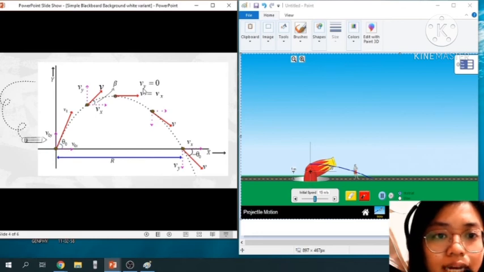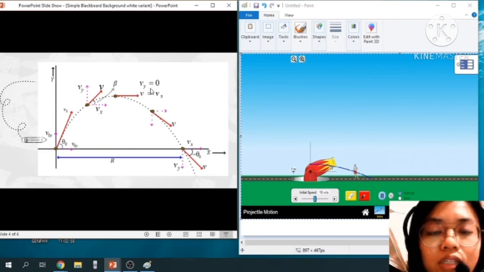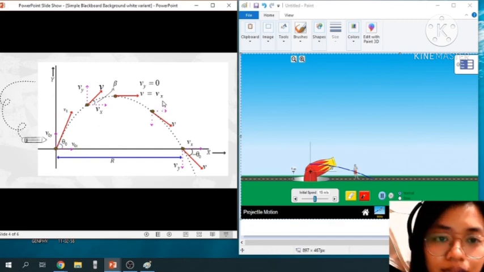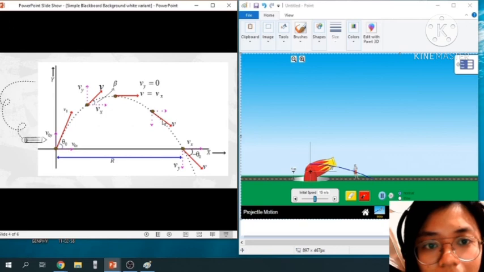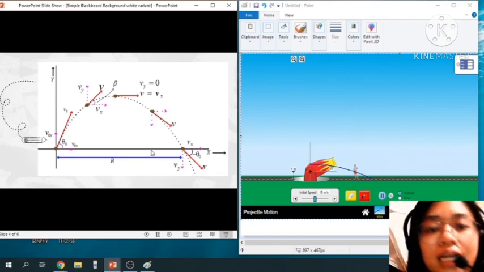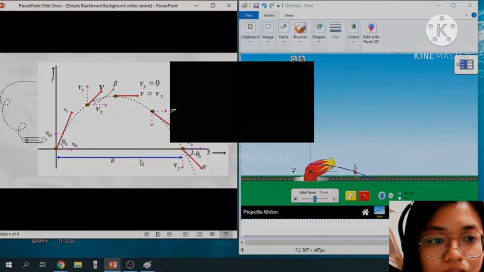At the maximum point, the vertical velocity is equivalent to 0, and the initial velocity is equivalent to the horizontal velocity, so it slows down. Then it lands. Here you see the Vy and Vx. At every point, you can find the speed in the vertical and horizontal components. And then, this is the range.